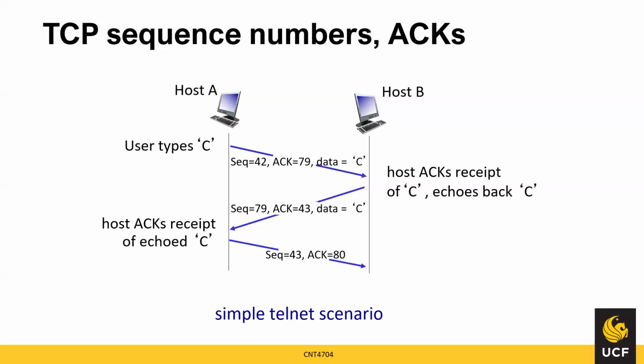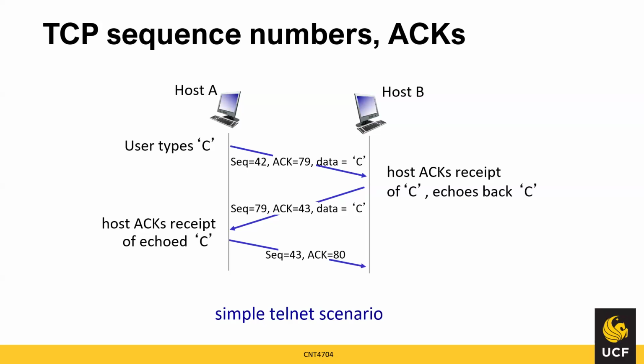Notice that here host A sends data with a specific sequence number, which is 42. And the acknowledgement that is sent back from host B is acknowledgement 43. So that is one more than the original sequence number. This tells host A, I have received everything up to byte 42. Next, I'm expecting byte 43.